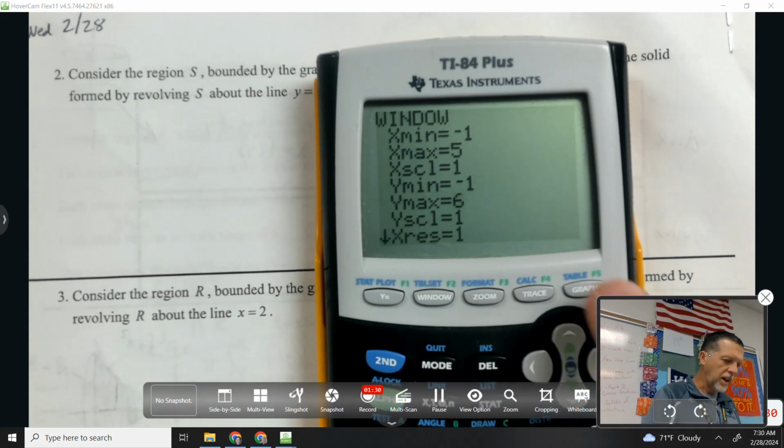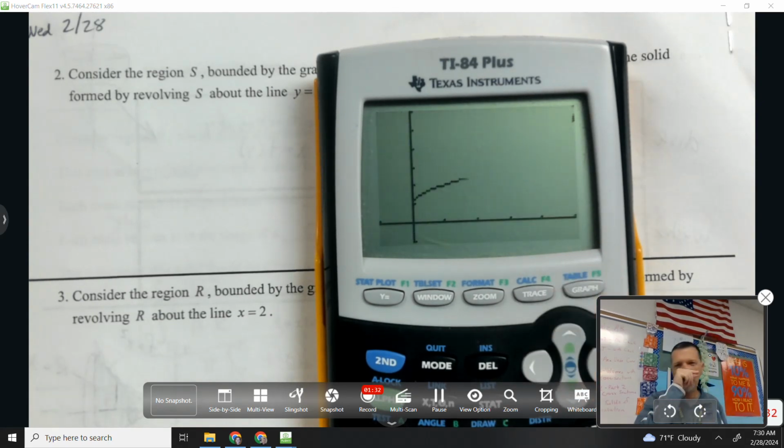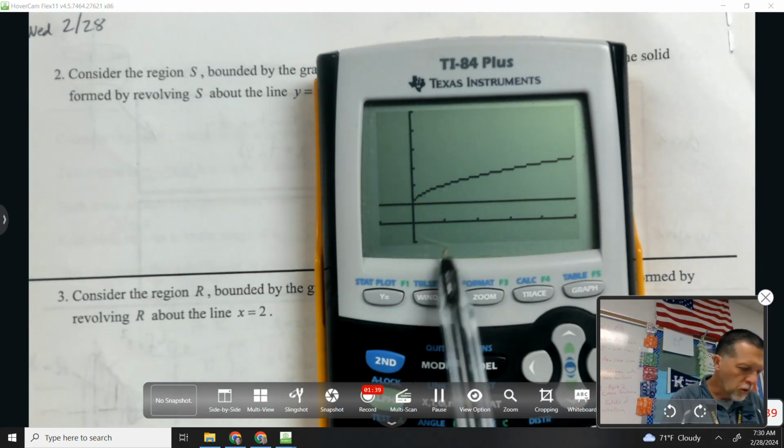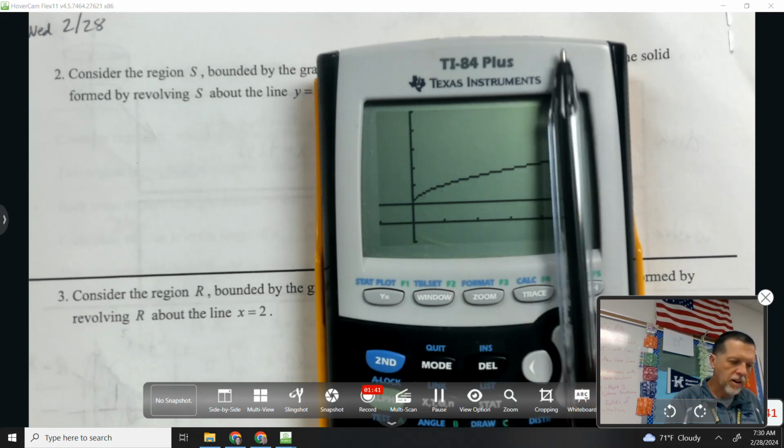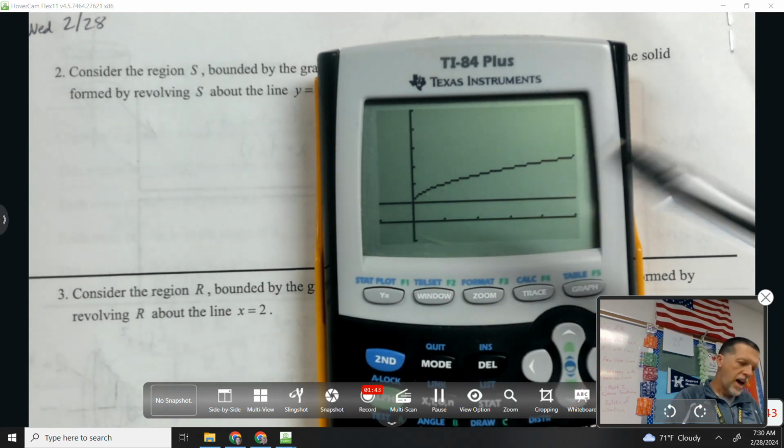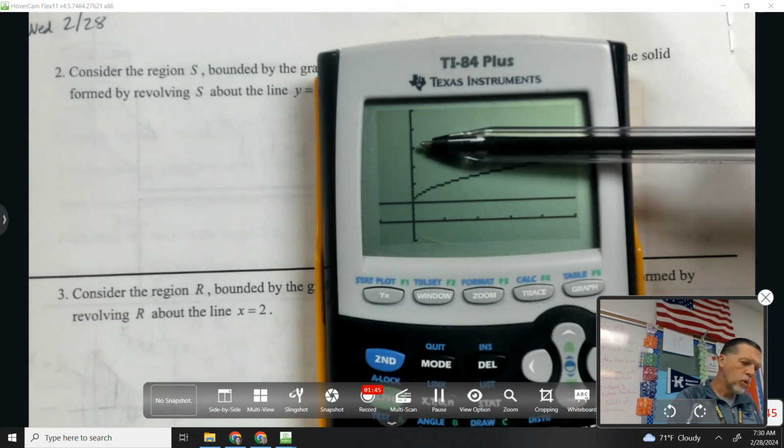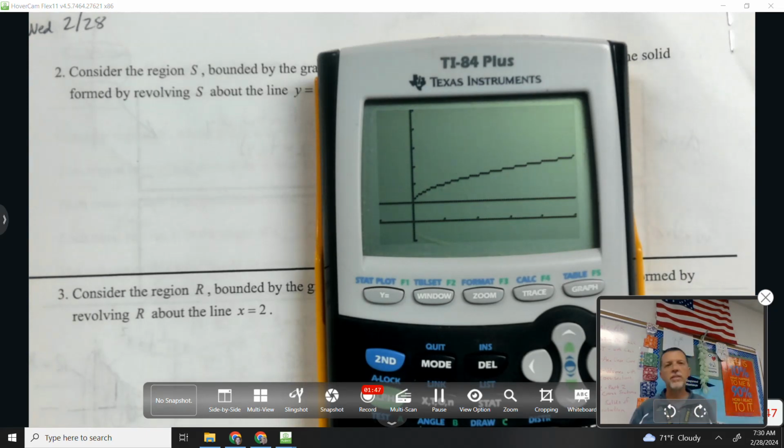I'm going to go -1 to 6 on my y. Yeah, that'll work because x equals 4 is 1, 2, 3, 4 right there. I could only go to 4 or 5, but it's good enough as it is.